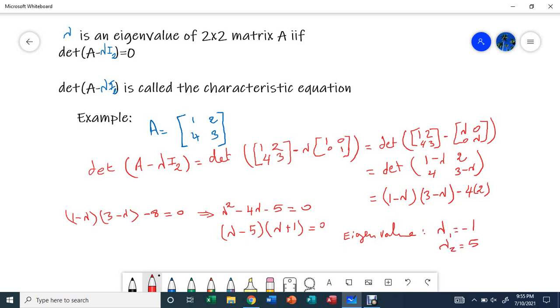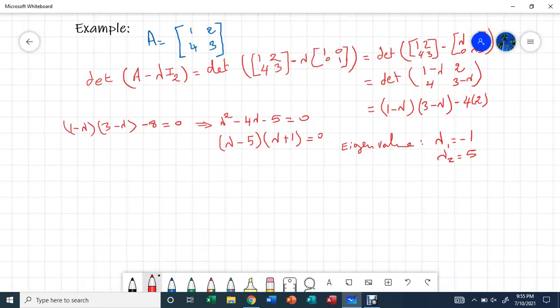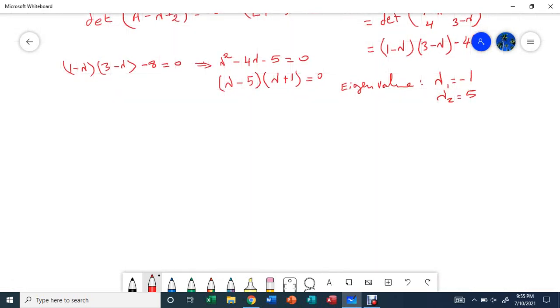Now let's apply the definition of eigenvectors and find the corresponding eigenvectors. Let v1 be the eigenvector corresponding to the eigenvalue lambda 1 equals -1.